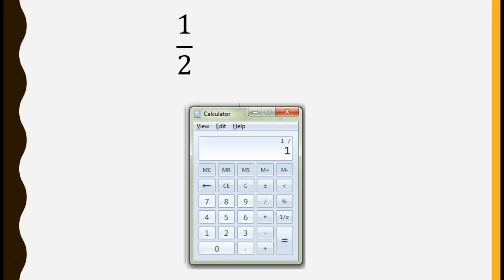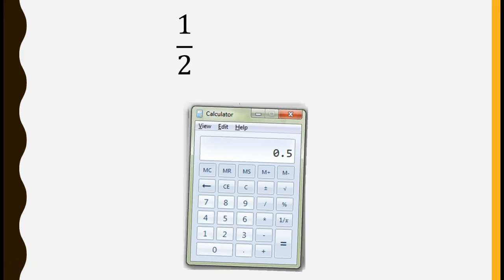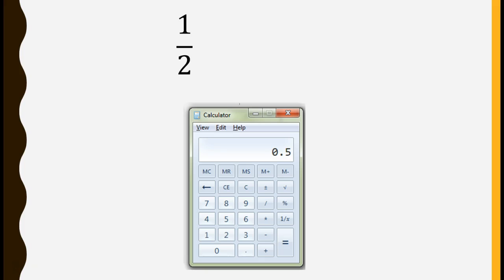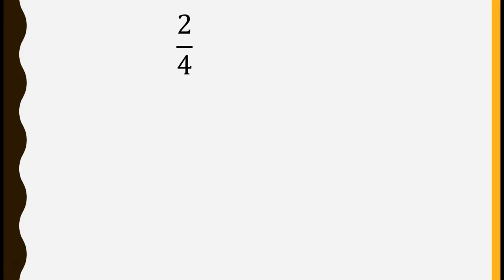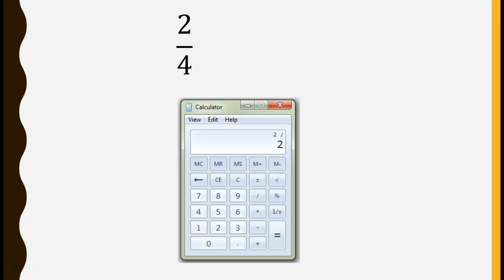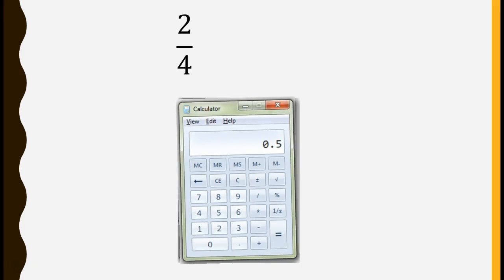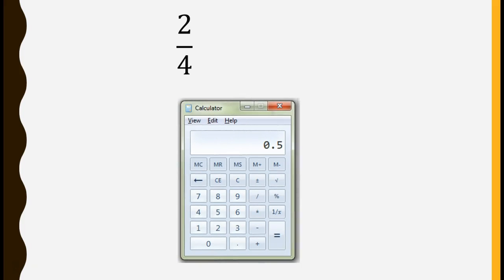So our first example is 1/2, and if you have your calculator right in front of you, you can do this along with me. 1 divided by 2 equals, there we go, 0.5, right? Okay, let's do the next one. 2/4. Click 2 divided by 4 equals, oh my goodness, look at that, 0.5.